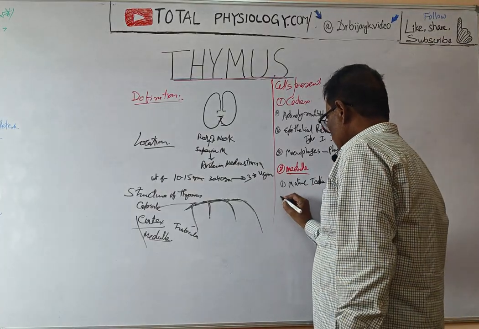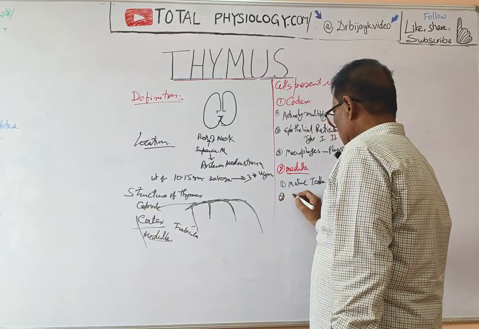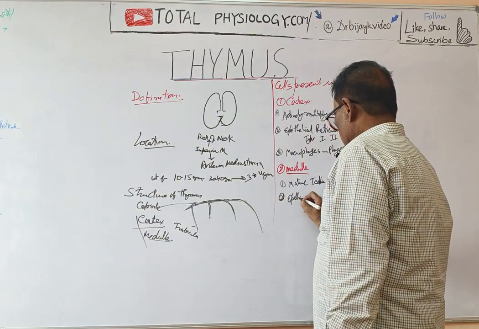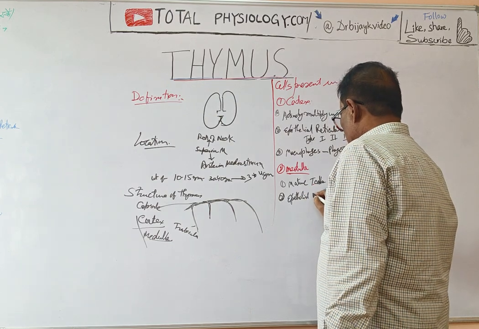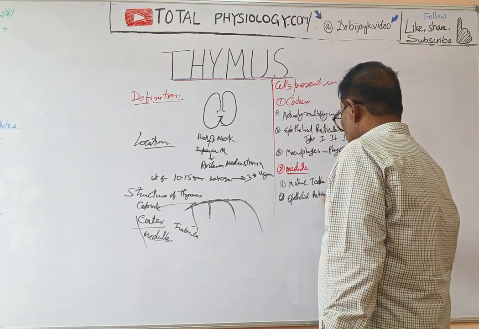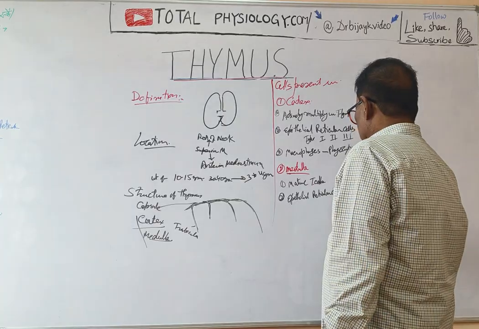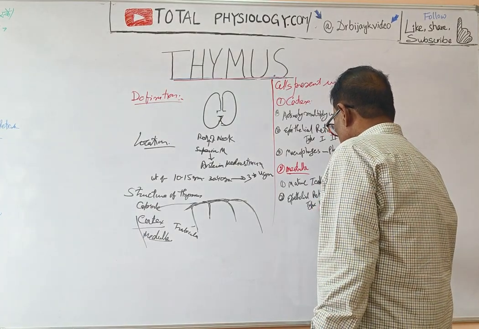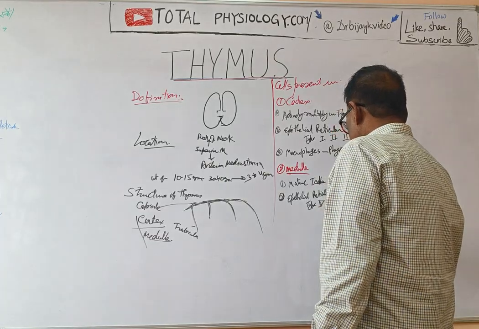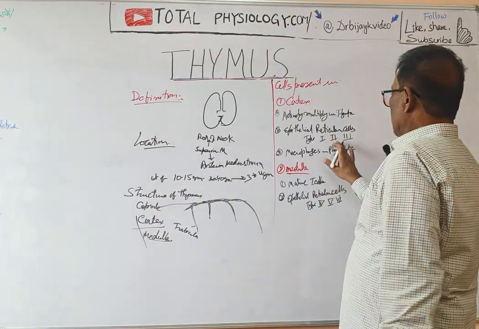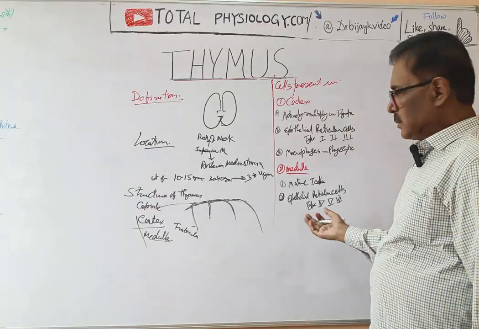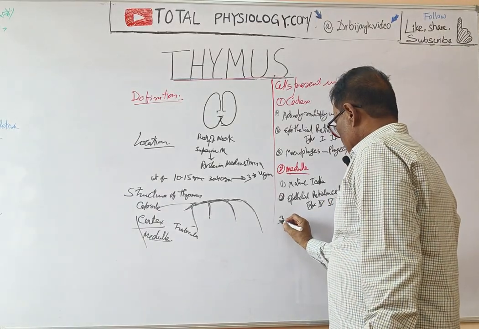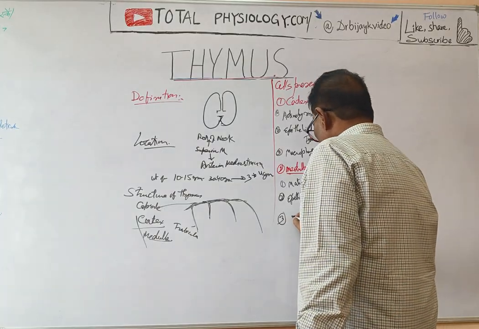Number two, epithelial reticular cells, type 4, 5 and 6. Types 1, 2, 3 were present in the cortex, 4, 5, 6 are present in the medulla.